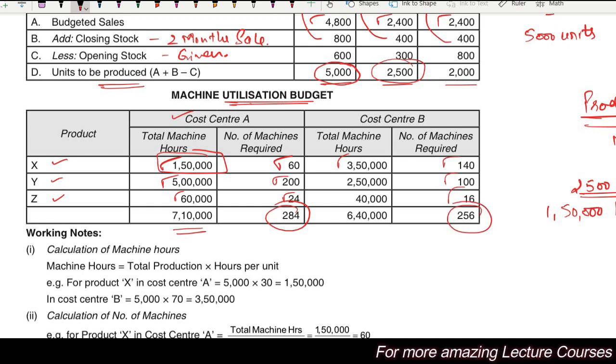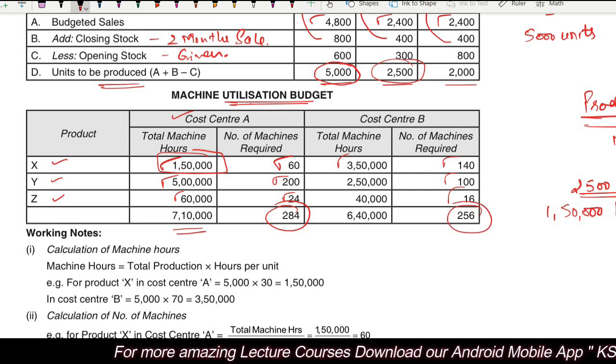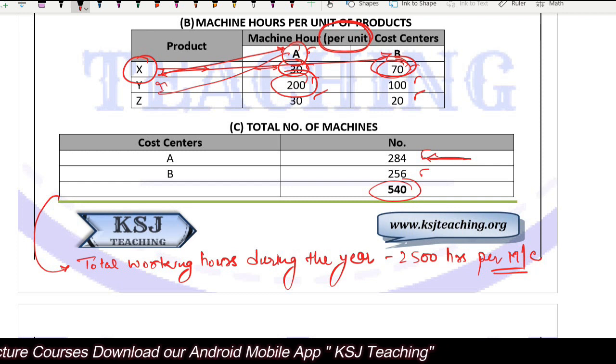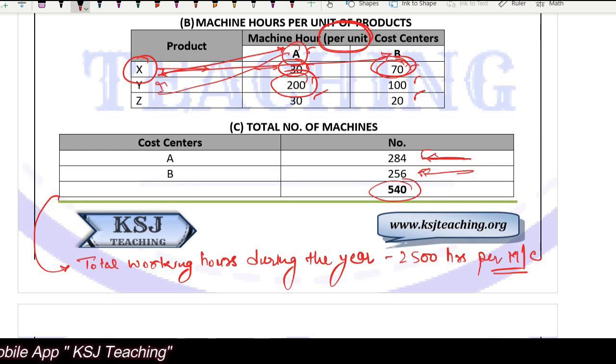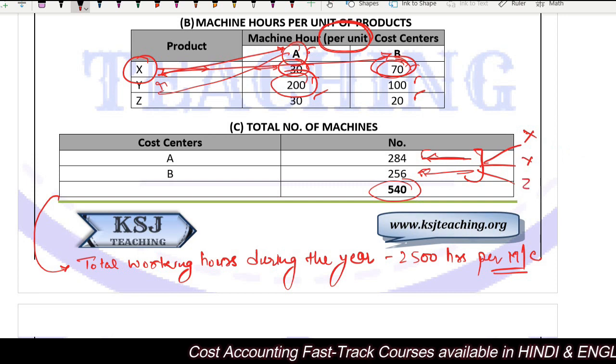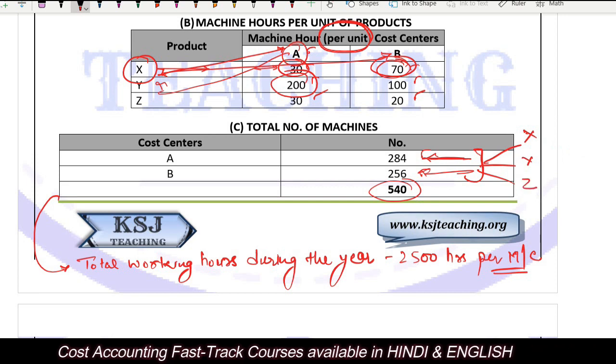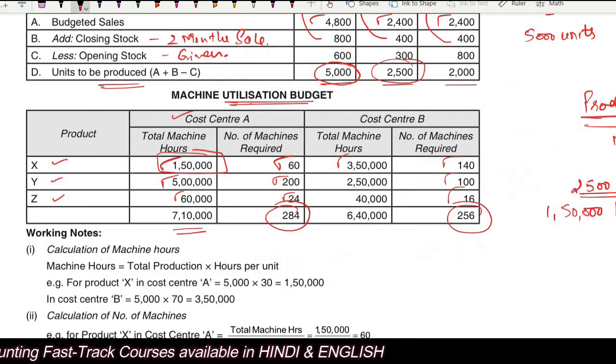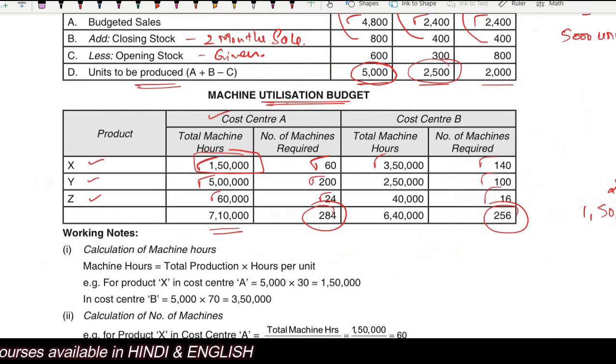Total 256 machines, and total 256 machines are available, right? Basically what we have done is bifurcate the total number of machines into products X, Y and Z, depending upon the total machine hours to be utilized, and those total machine hours depend upon the units to be produced.